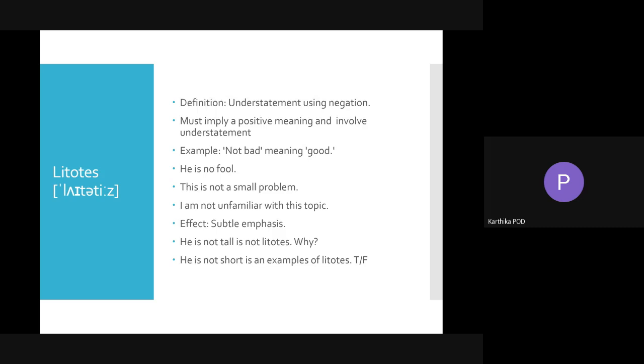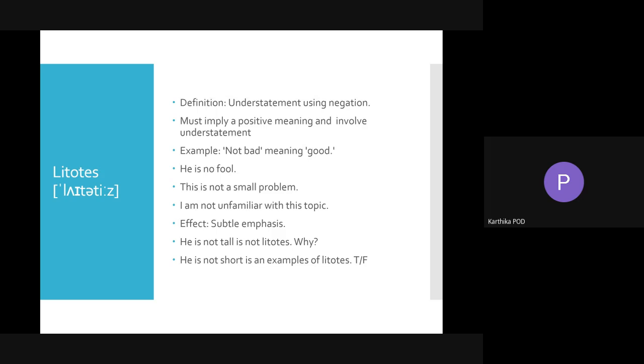The explanation is there right in the slide itself if you go through it properly. Ma'am, he is not tall means he is short. Yeah, so that sentence doesn't have a positive meaning.